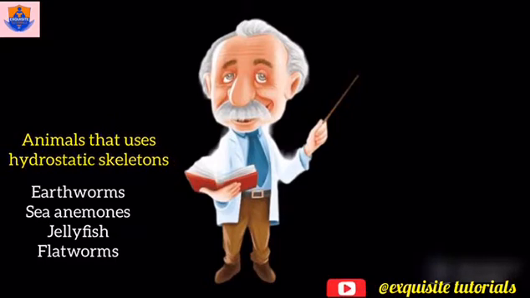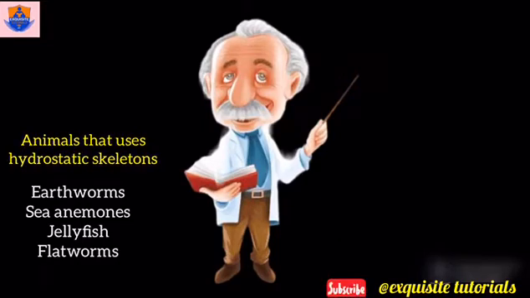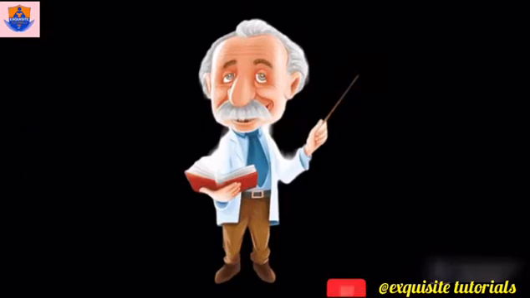In the earthworm, circular and longitudinal muscles in the body wall contract against the coelomic fluid in the body cavity. That's it about the hydroskeleton.